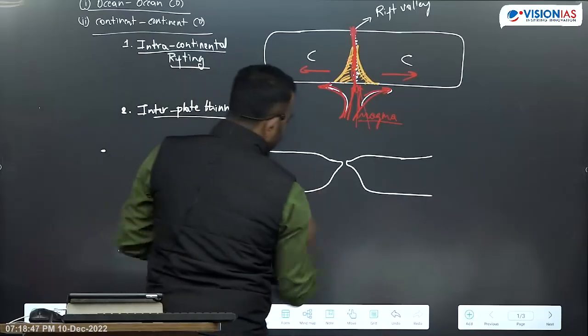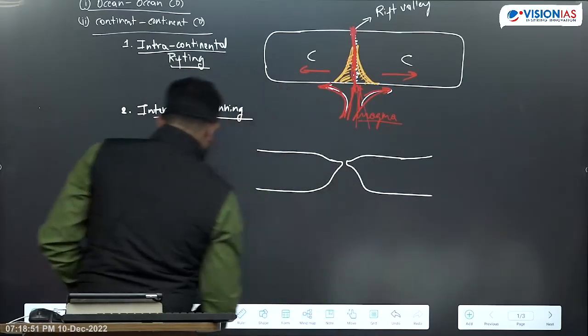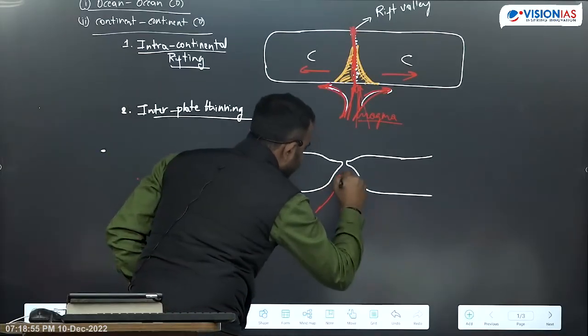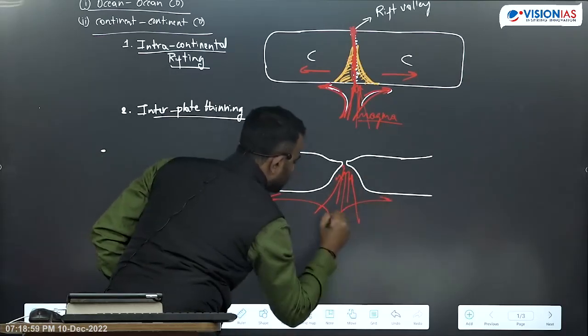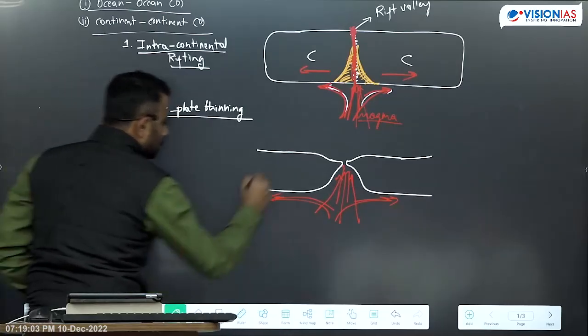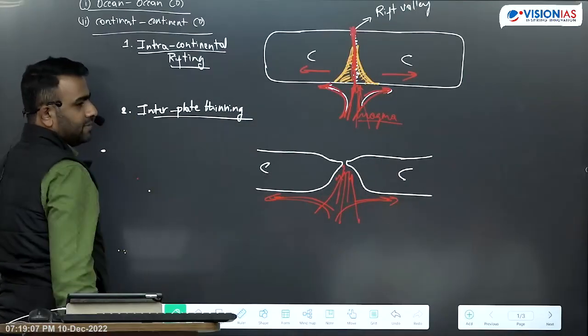The edges have melted a little. The rising magma has melted this part, and the magma is still rising. Majority of it is moving in this direction. It is trying to push both the sides apart. This is continental, this is continental. Now both have separated. That is why it is interplate. Earlier it was a single plate.